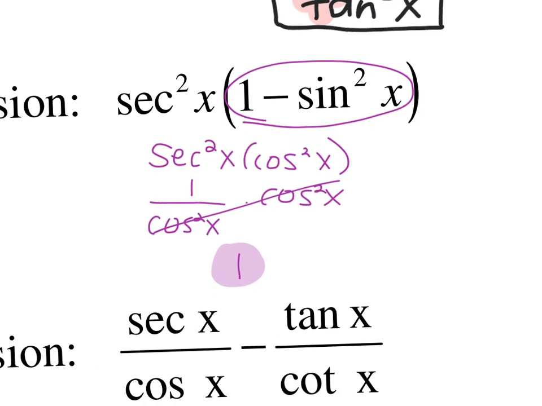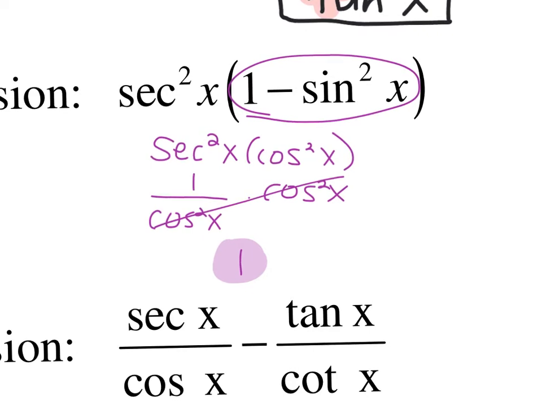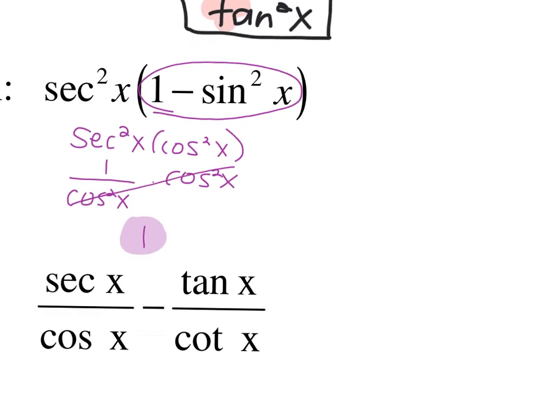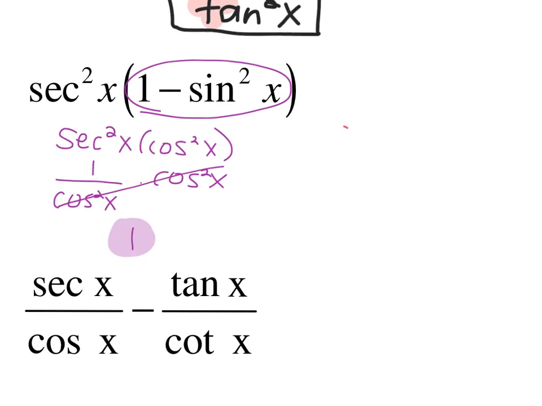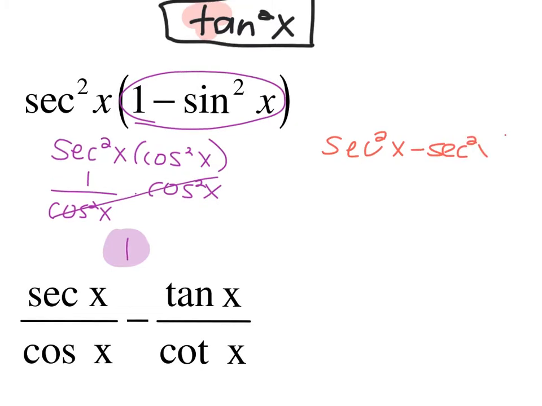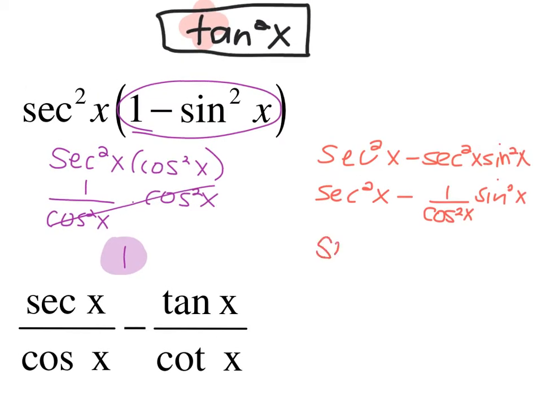Anybody do it differently? How'd you do it? Distributed them. Mm-hmm. And then distributed to both. And I got secant squared of x minus sine squared of x times 1 over cosine squared of x. Okay. And then changed into secant squared of x minus tangent squared of x. And then I put them both as 1 over cosine squared of x, sine squared of x over cosine squared of x.